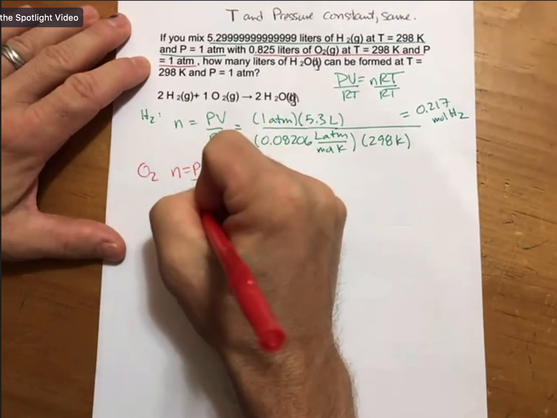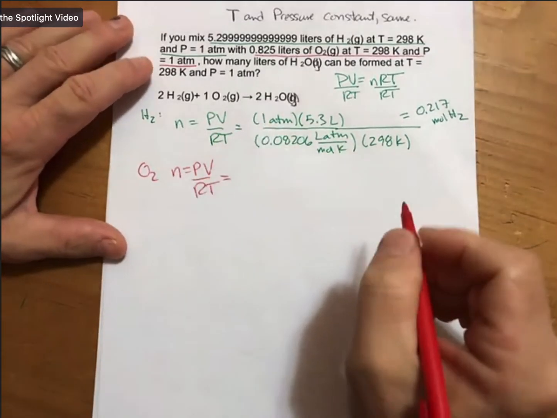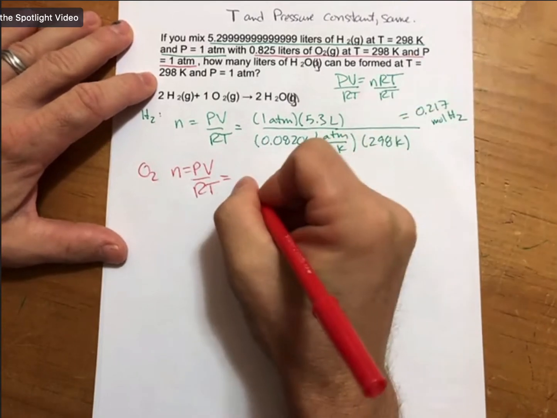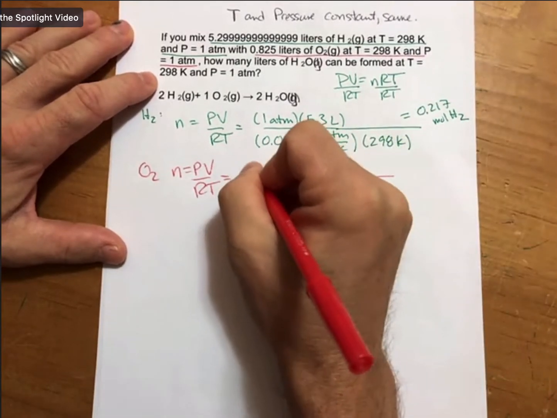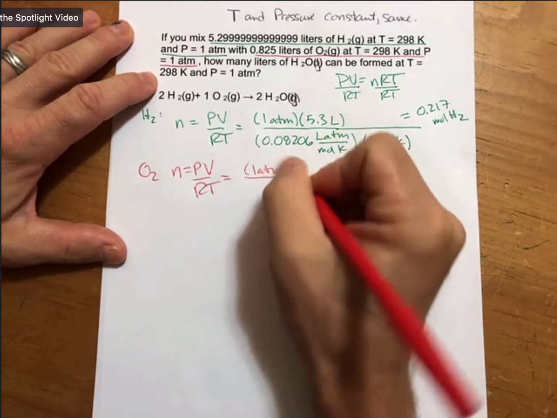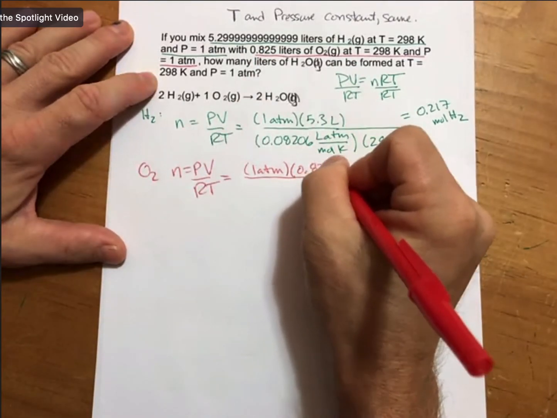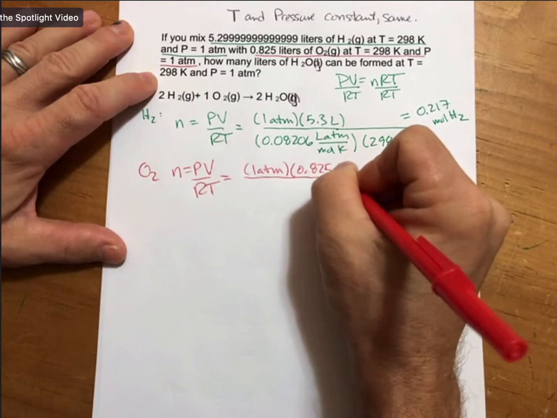Same thing for oxygen. At the same temperature and pressure, but different amount. Now I've got only 0.825 moles. Sorry, 0.825 liters.